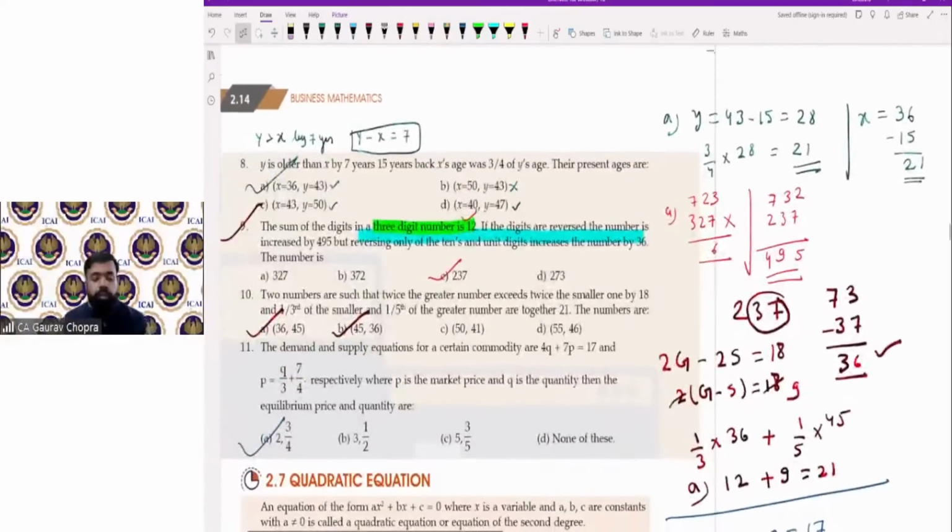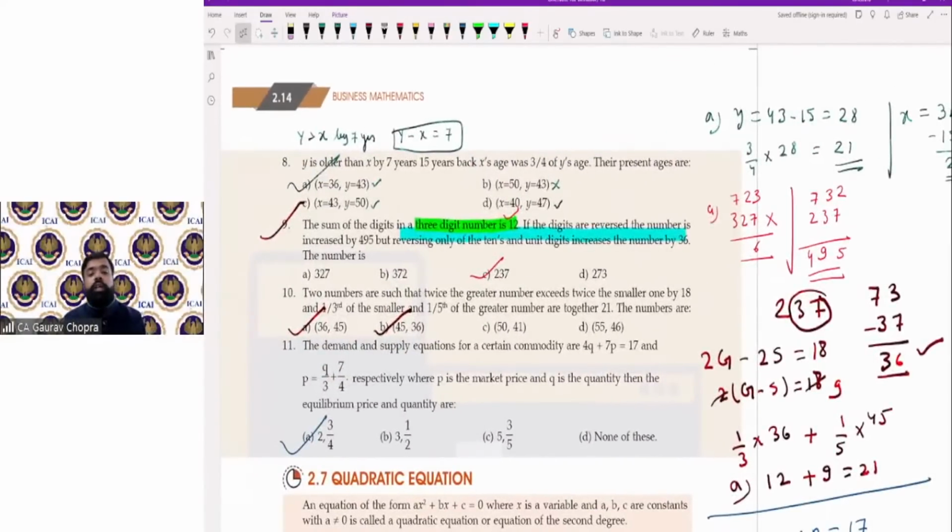All right. So in linear equation, in the beginning, we had done the basics: whenever the highest power of the variable is 1, then it is known as a linear equation. When the highest power is 2, it is known as a quadratic equation. And when the highest power is 3, it is known as a cubic equation.